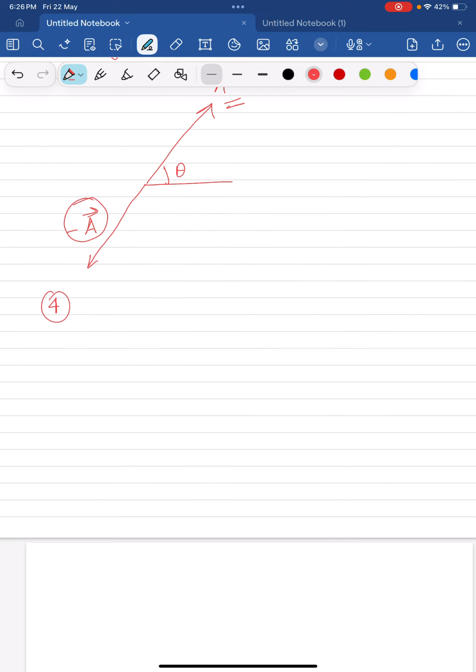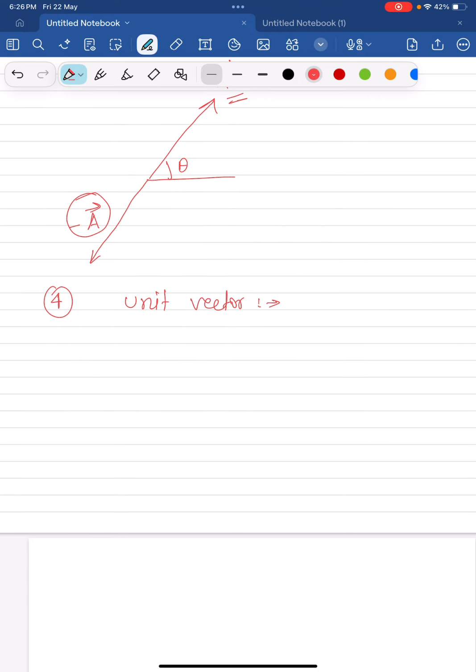The next type of vector is the unit vector. The unit vector of a given vector is a vector having magnitude equal to unit and direction along the given vector.